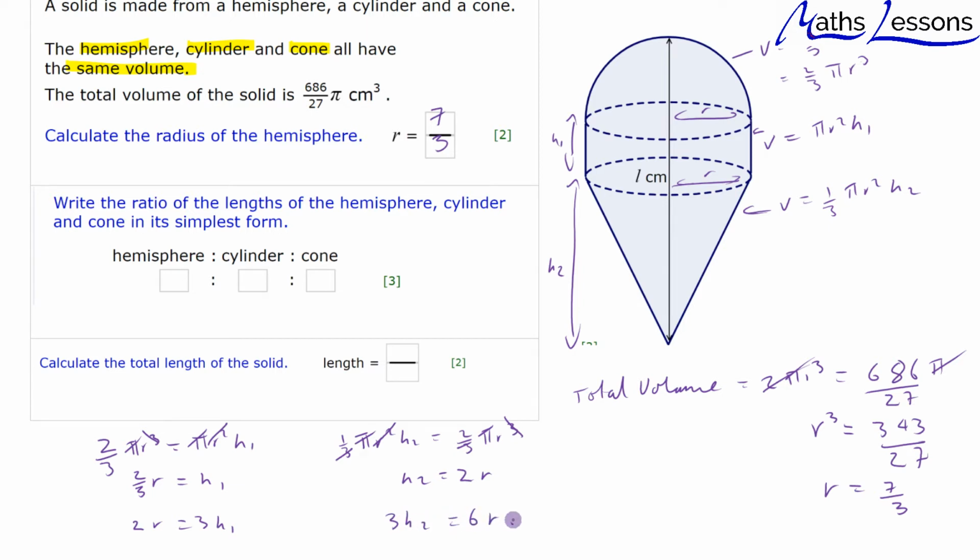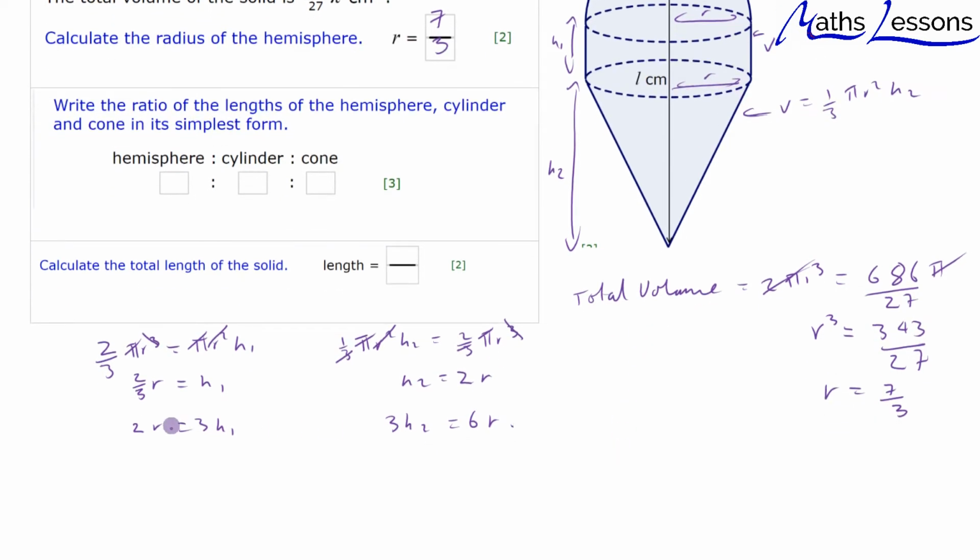So if we have the hemisphere being r, we need to just think about this. It can be a little bit tricky to get these ratios right. So I've got 3h2. Sorry, I want to get what's going to be the simplest.